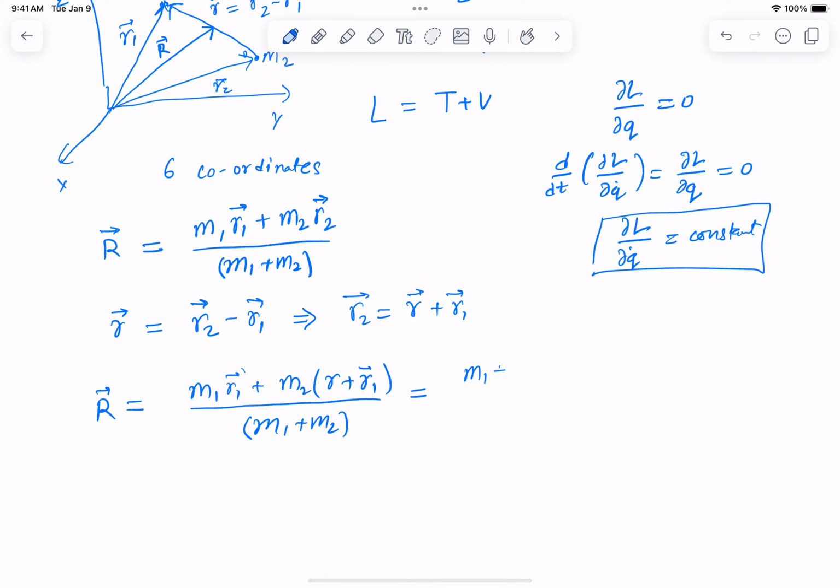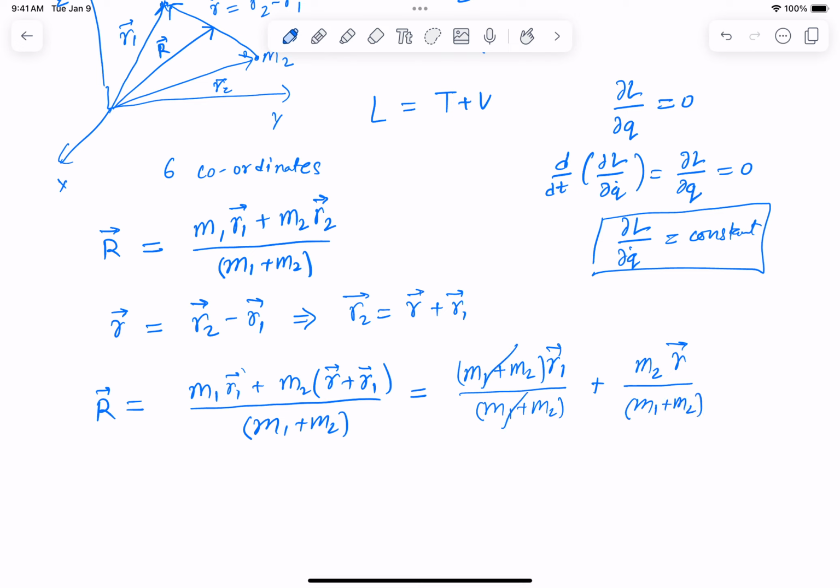So we can write m1 plus m2 times r1 divided by m1 plus m2, plus we have m2 r divided by m1 plus m2.